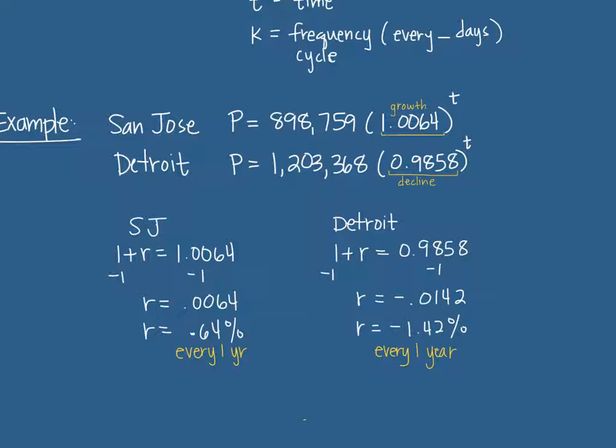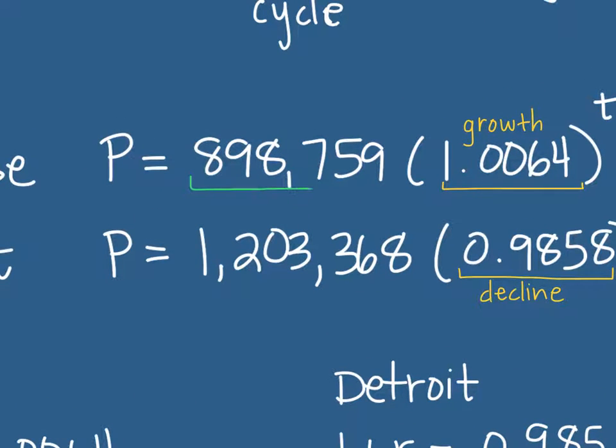And this, I didn't tell you that, but these numbers started keeping track in the year 2000. And so the population back in the year 2000, when we originally started keeping track, that's these numbers right here. So this is in 2000. There were 898,000 people, and in Detroit in 2000 there were over 1 million people.